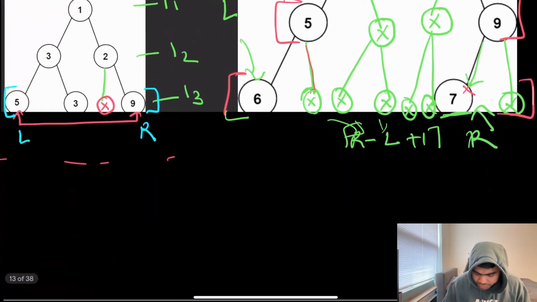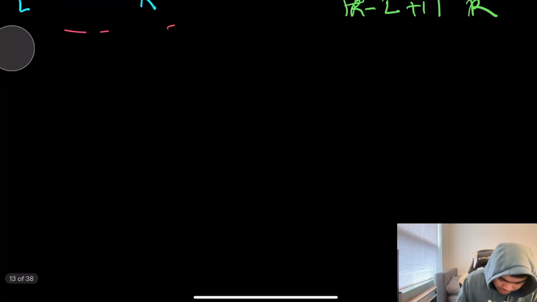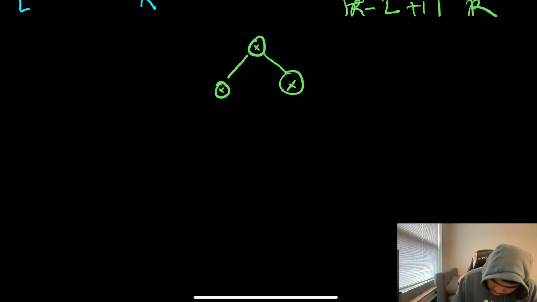And what do I mean by indexing? Let's go over this. In a binary tree, we can calculate the indexes because a binary tree is represented as an array, and null values are basically placed as null over there. Now if I had, let's say, a small tree like this, let's call it x, the value doesn't matter.